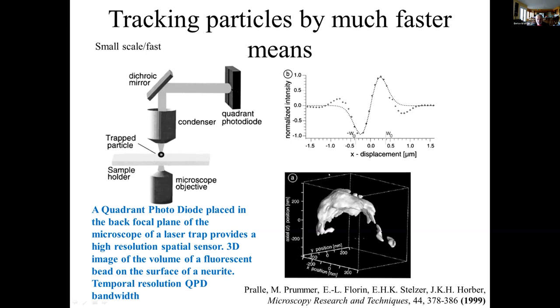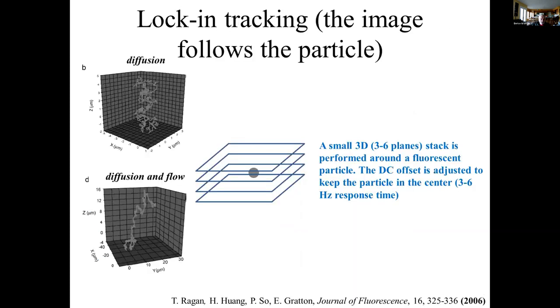But clearly, this is only if you can trap the particle, so it has to be a relatively large particle, and we lack a technique that can give us a general method. So let us see what can be the technique.